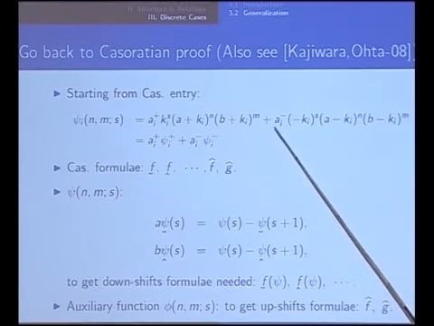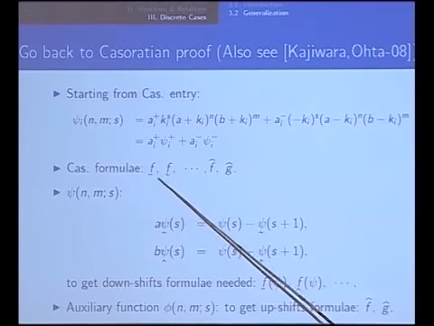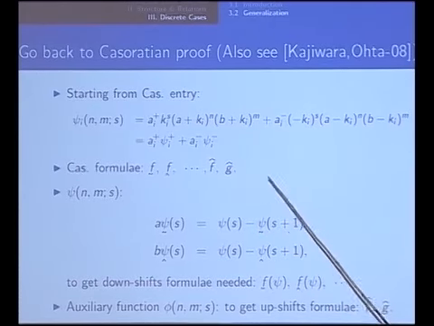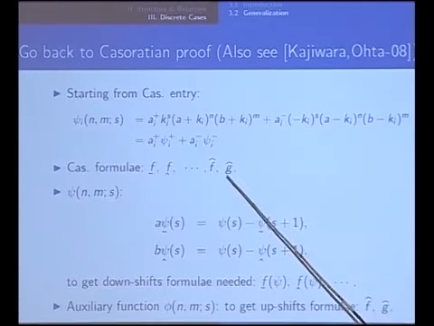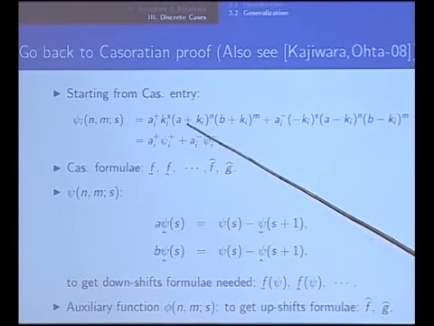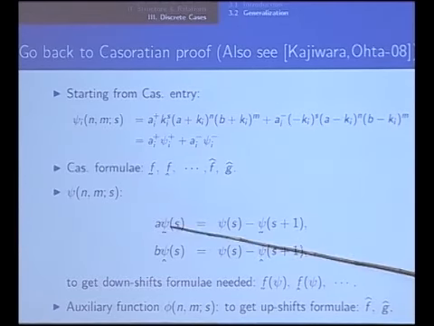So in our proof, the starting point is a very concrete form of psi. We start from such a psi, and then we try to find some shift formulas for f: down tilde, down hat, and up hat. Such shift formulas, and the relations we used: we find psi satisfies such relations, and from here we can get some shift formulas for the Casoratian.